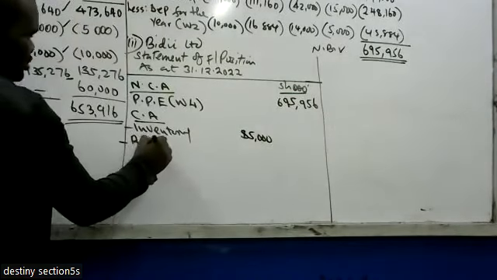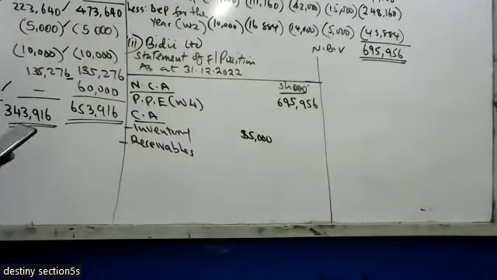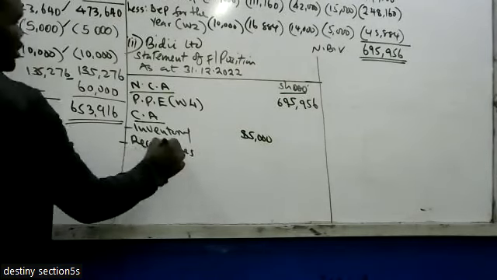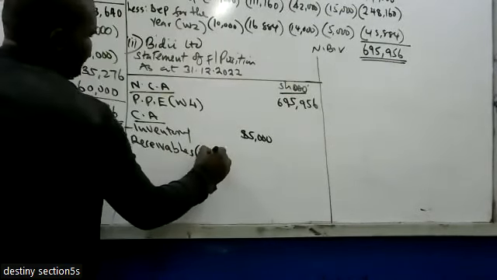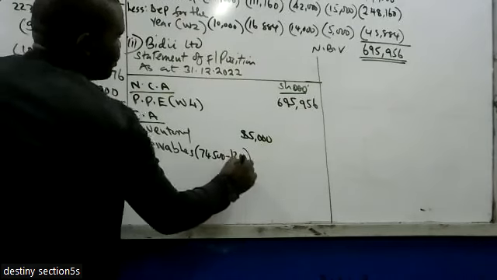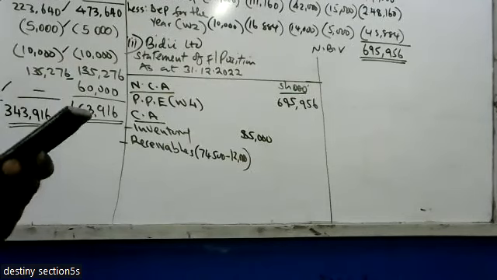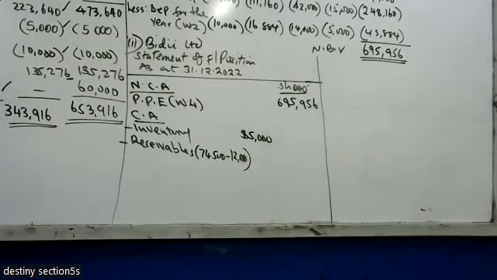Receivables. Trade receivables 74,500, minus that bad debt of 12. The bad debt of 12, you remember. That one will be how much?